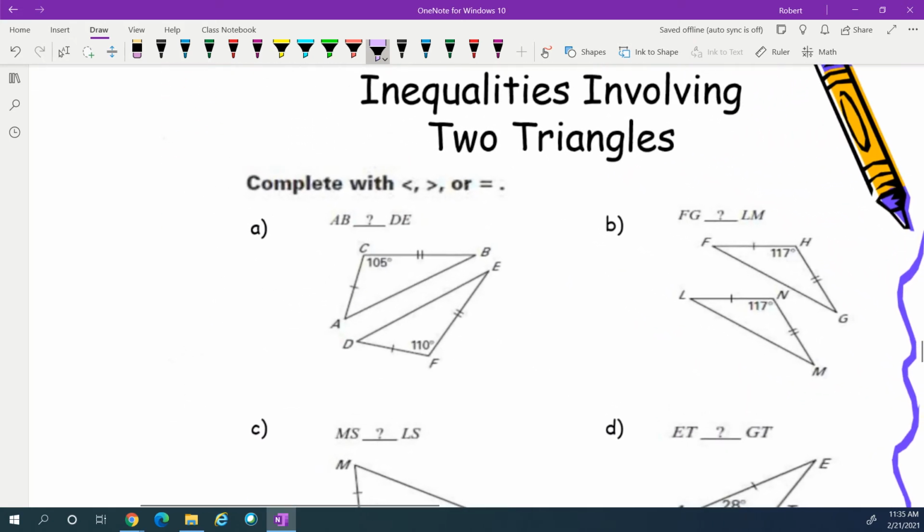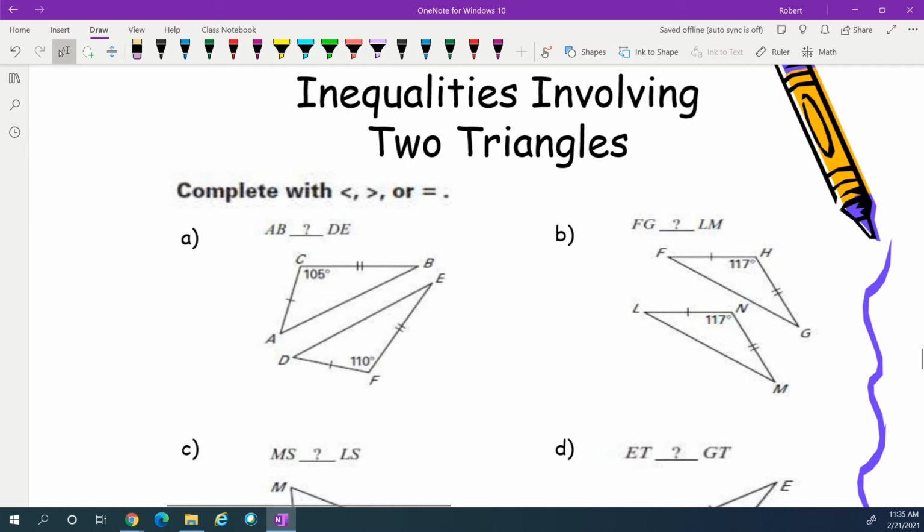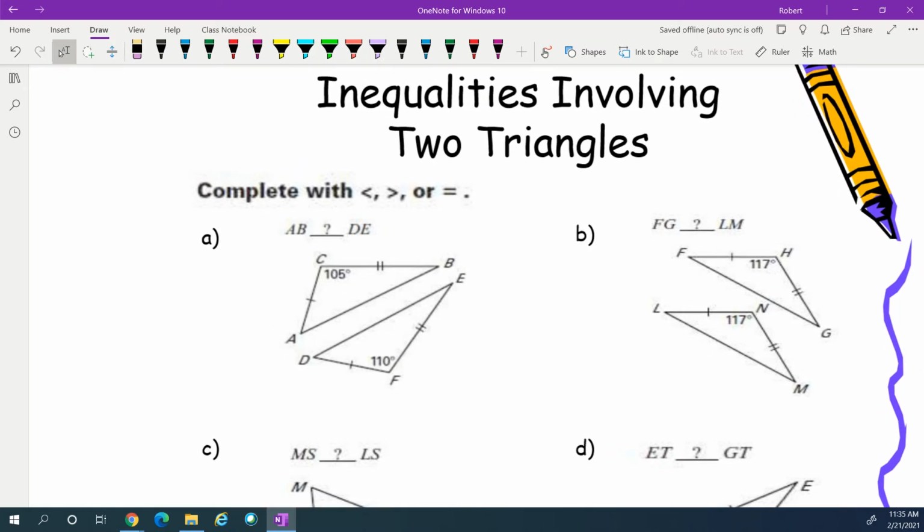So if we look at a few examples here, we're just filling in less than, greater than, or equal to. We're comparing the angles and the opposite sides. Well, since 105 is smaller than 110, then AB is smaller than DE.